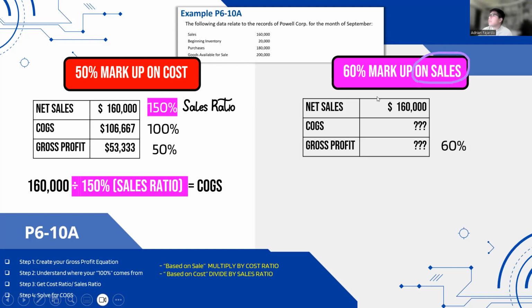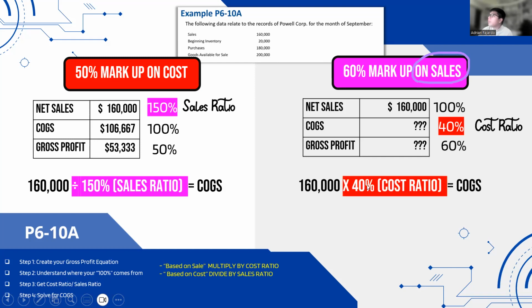Now, the 60% markup on sales, dahil sales, ang 100% natin is net sales, and therefore, ang COGS natin would be 40%. So this is a 40% cost ratio. So yung 40% cost ratio, we multiply by 160,000, which is net sales. So that will give us 64,000.